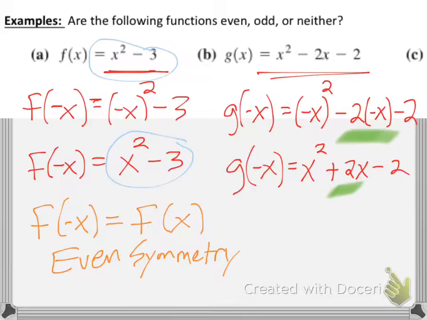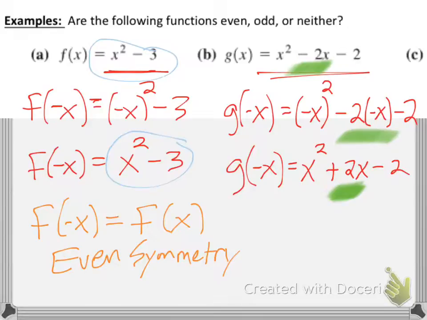Well, when you put in negative x and what you get out is something different than the original, it has two options. It's either odd symmetry or neither symmetry. This one is neither. Odd symmetry is if all of the terms change sign. If it went from negative 2x in the original to positive 2x, that is a change of sign.